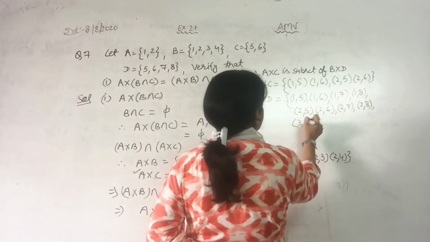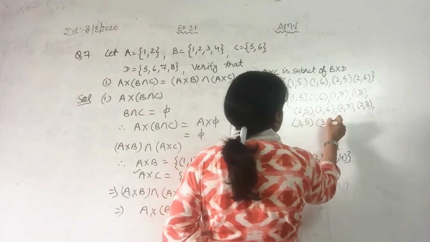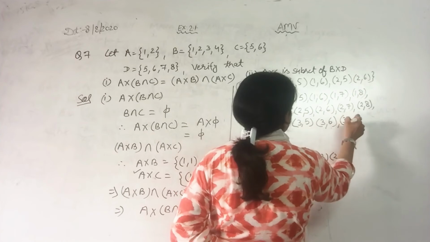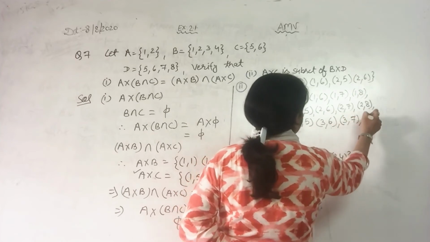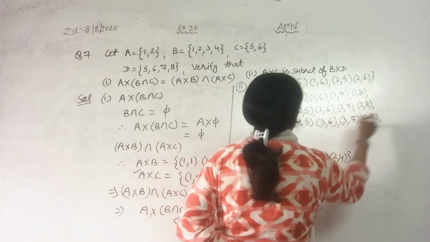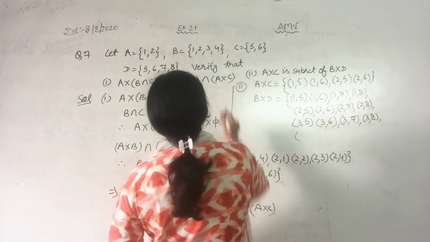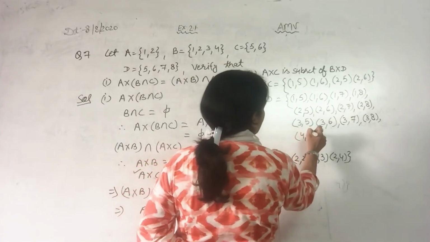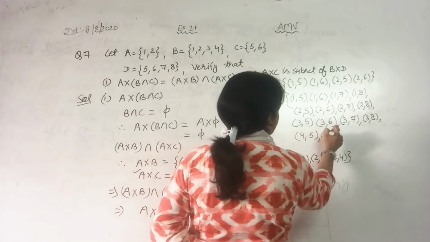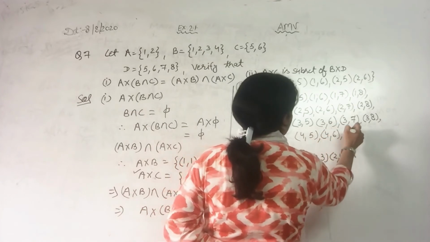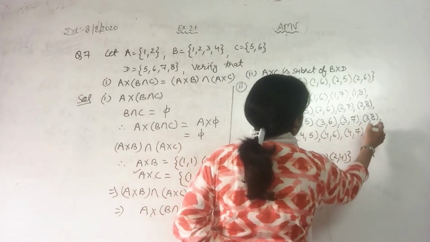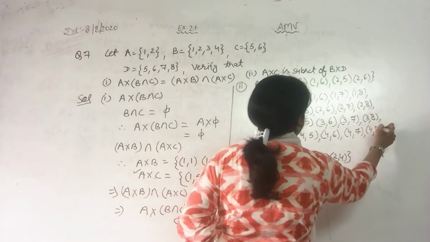Next 3, 5, 3, 6, here 3, 7, it's 3, 8. And now next is 4, 5, 4, 6, 4, 7 and 4, 8.